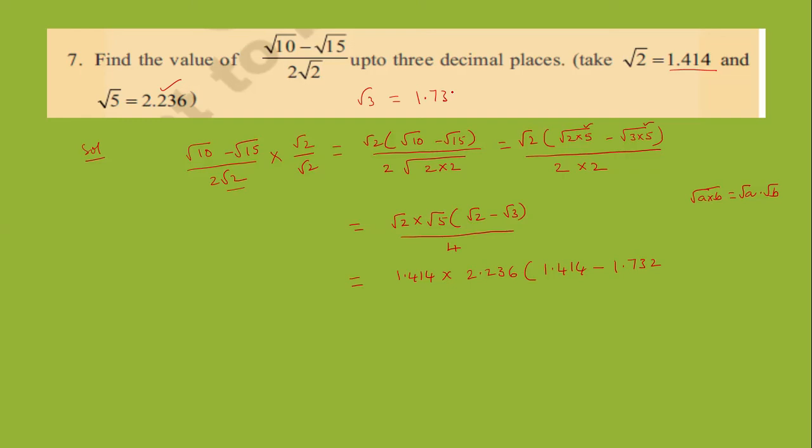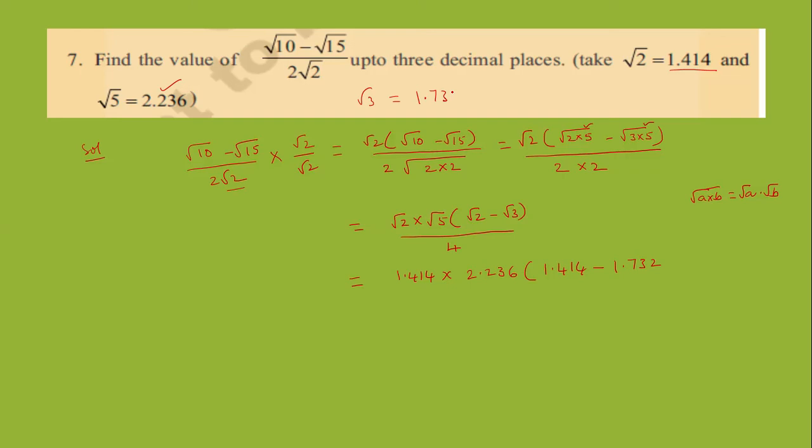Now here, already you know the root 2 value, which is given as 1.414. You simply write 1.414. Already you know the root 5 value, that is also given in the problem, that is 2.236. We substitute the values of root 2 and root 5 up to 3 decimals, which are given in the problem.